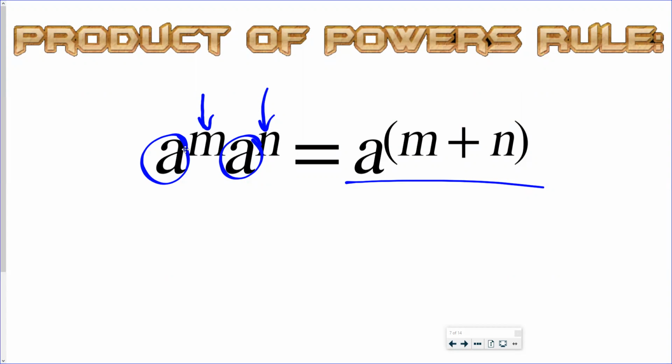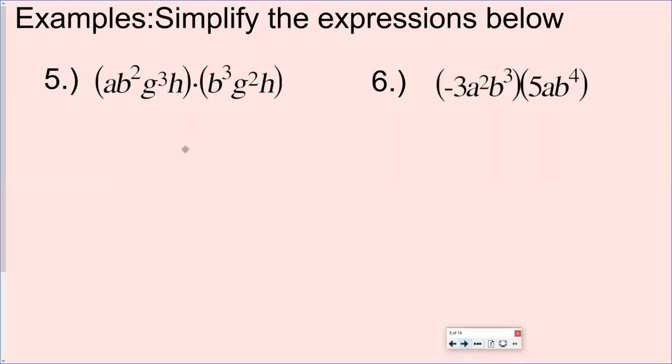So let's try that on this next example. On number 5 here, I have a, b squared, g3h times b3, g2h. What I would do is still break it down like we were doing before, but I don't have to spread everything out. Start with my a's. I have an a here. Do I have any more a's? No. b squared. Do I have any more b's? Yes. I have b3. g3. Do I have another g?